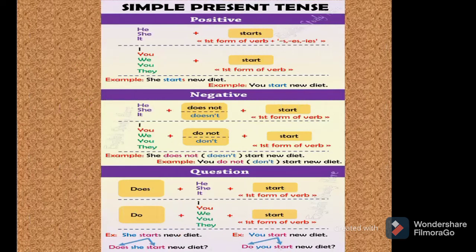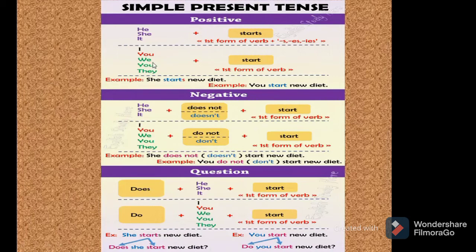Some of the examples are more elaborated here. For example, the verb is starts. Actually the verb is start, but S is there. Why? Because here we have he, she, it. The subject is a third person singular pronoun. So the first form of the verb was start, but we use S. He starts, she starts, it starts.